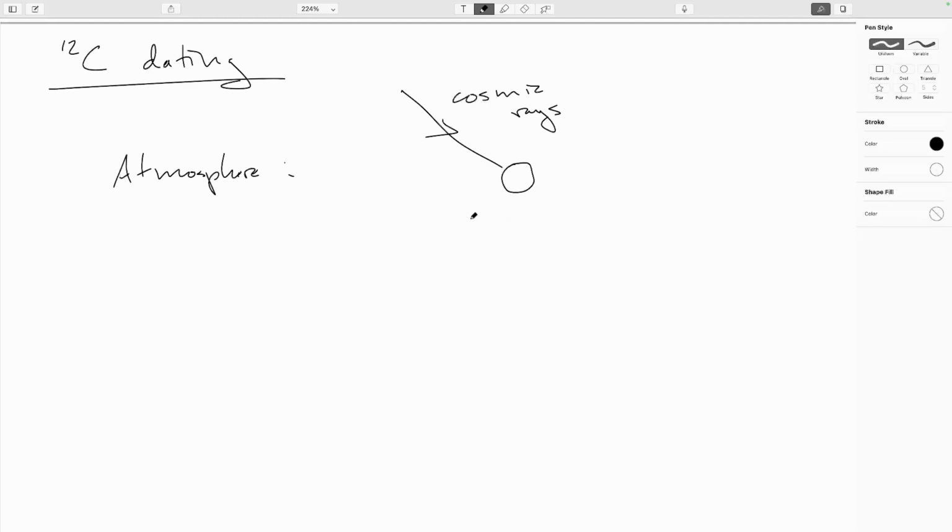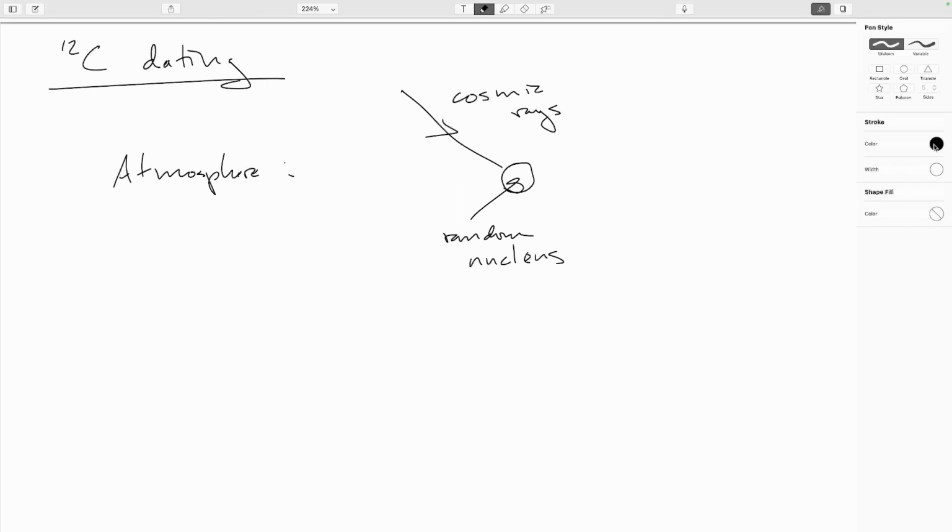Now what happens, there'll be just some random nucleus sitting here. Nucleus. And these particles come in from outer space. They're actually the remnants of very energetic astronomical events.